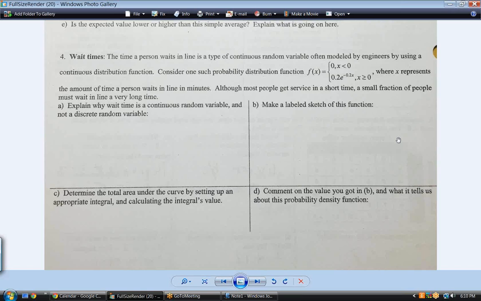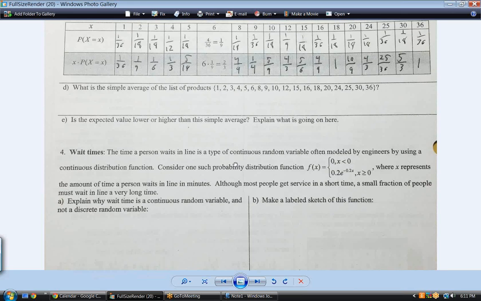In other words, I would have thought that the time a person waits in line is a continuous random variable. It almost seems like they're saying the time a person's going to wait in line is going to be f of x, but not if x represents the amount of time a person waits in line in minutes. I don't quite understand what f of x is going to be. I mean, I can send you the first page, which has definitions on them, if that helps.